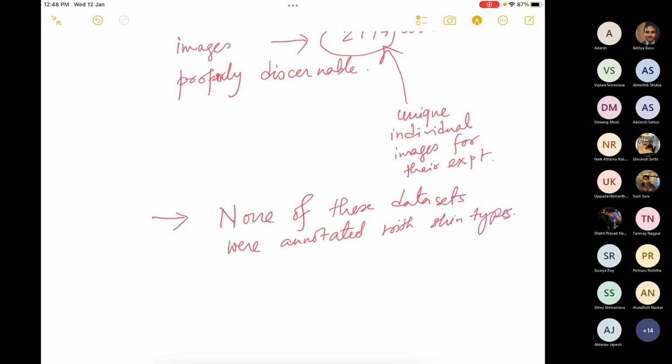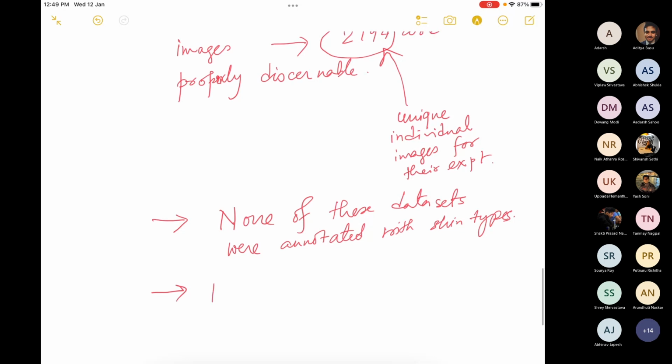Now, the question is, how do we go about doing this skin type categorization? To do this, the authors used one of the most standard methods of skin type classification, the Fitzpatrick scale of skin type classification.